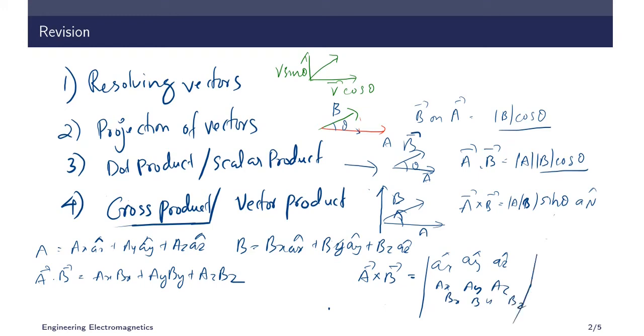So this is how we calculate the dot product as well as the cross product.